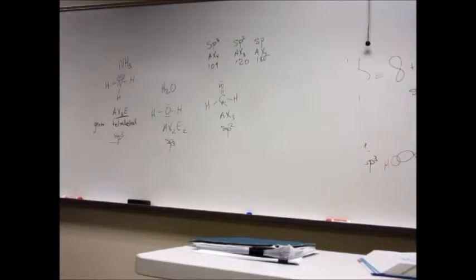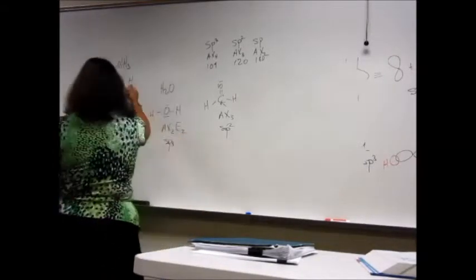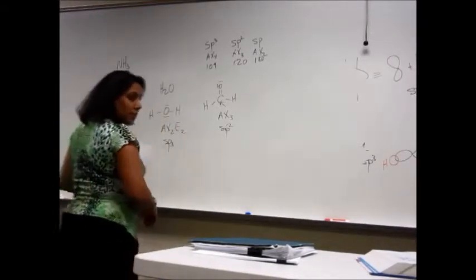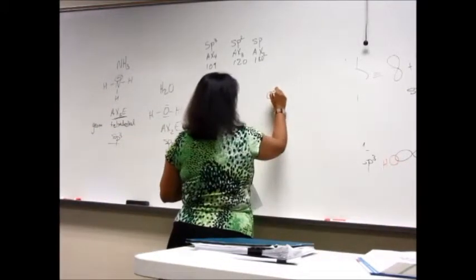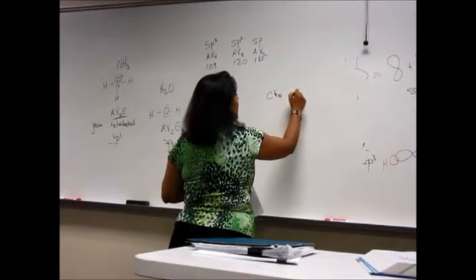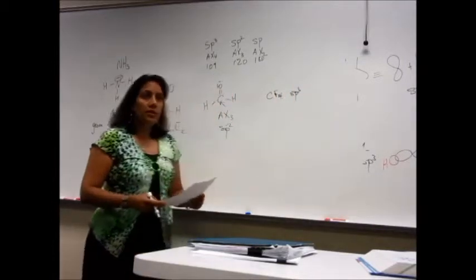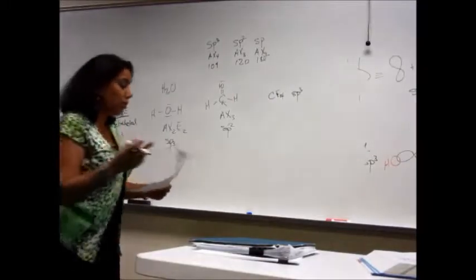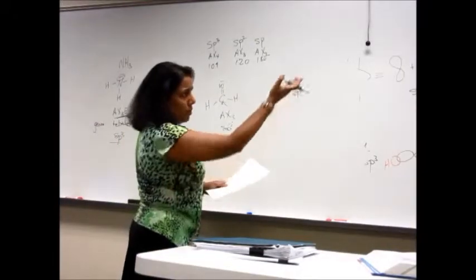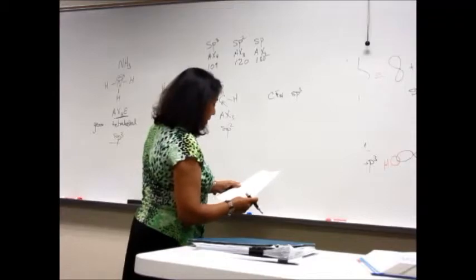So if you have this worksheet with you and you want to take it out for a second, for question number 1, which is CF4, CF4 is like CH4, which we did over there, so that should be SP3, because carbon has only 4 electrons, so 4 electron groups. BF3 is on the board because that's also BH3 in a way.